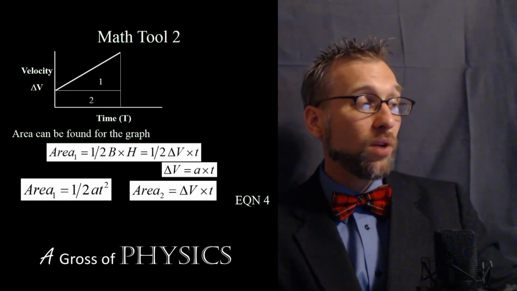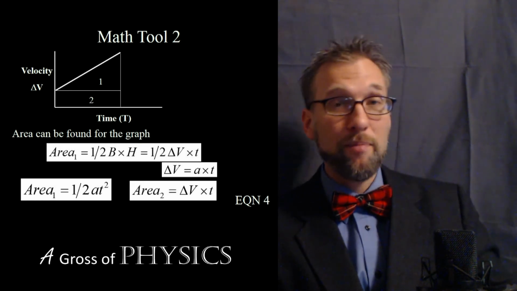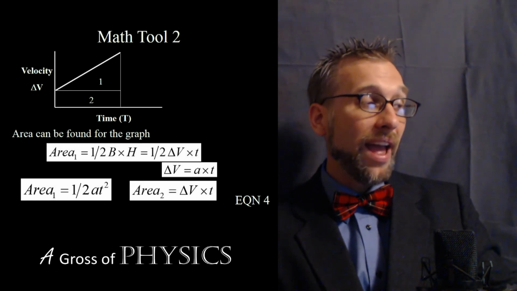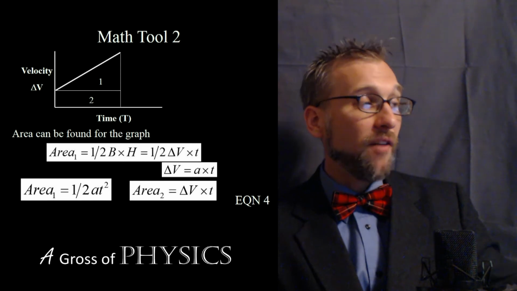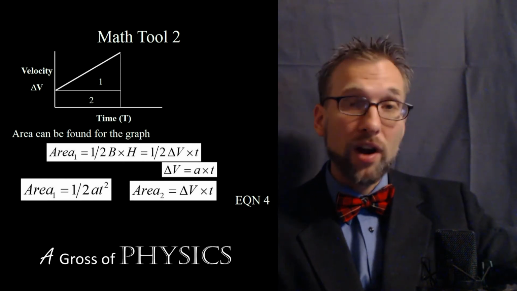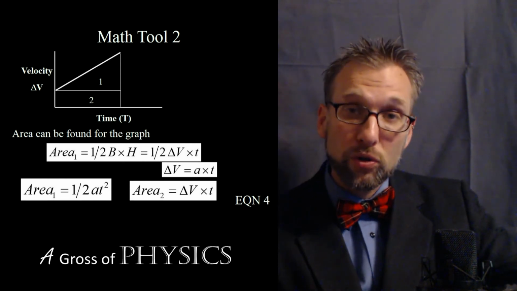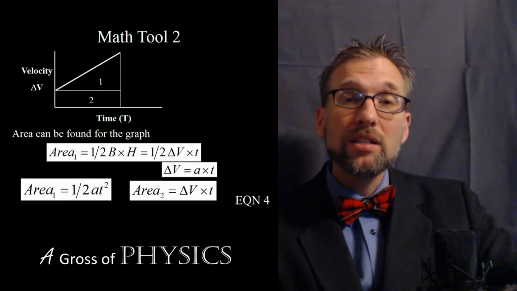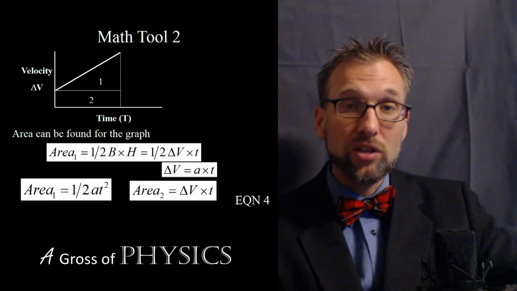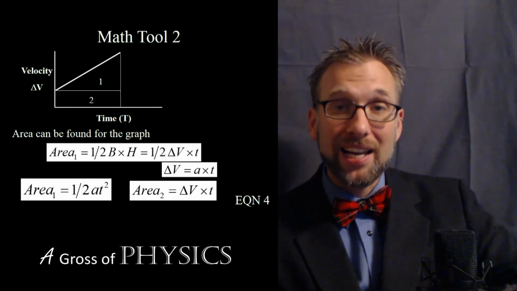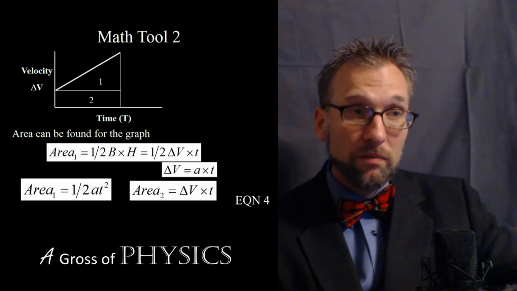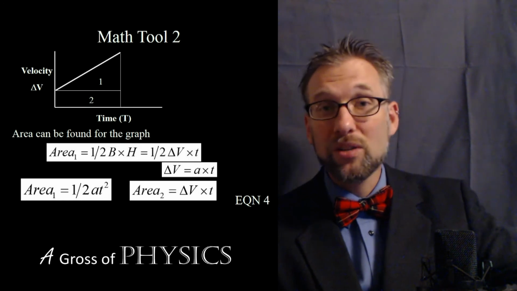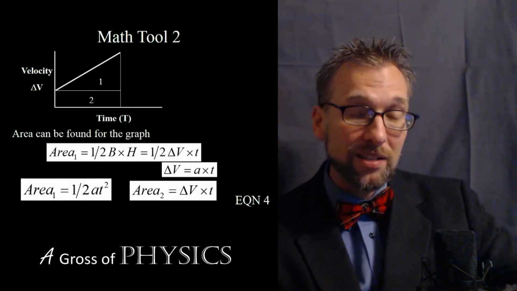Now, the triangle is represented by 1/2 base times height. So the 1/2 is the fact that it's not a true rectangle. And instead what you're going to do is 1/2 times the base, which is your time, times the height, which is your velocity. And remember, the reason we're using average is because it wasn't a constant.